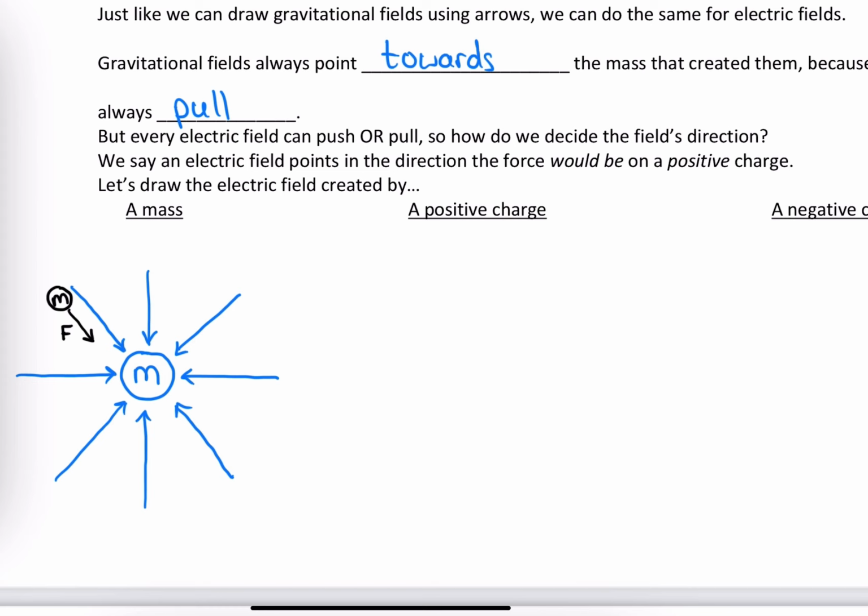And that's going to be true for our electric fields as well. Another word for these arrows is they're called field lines.